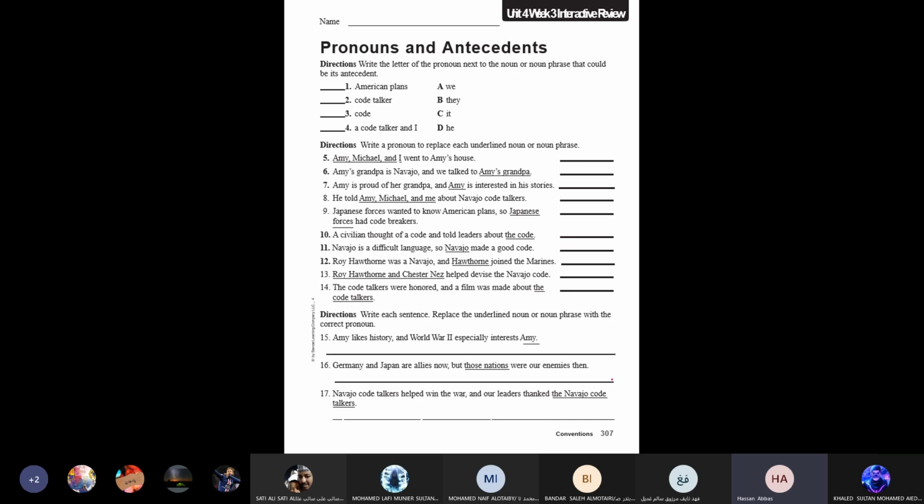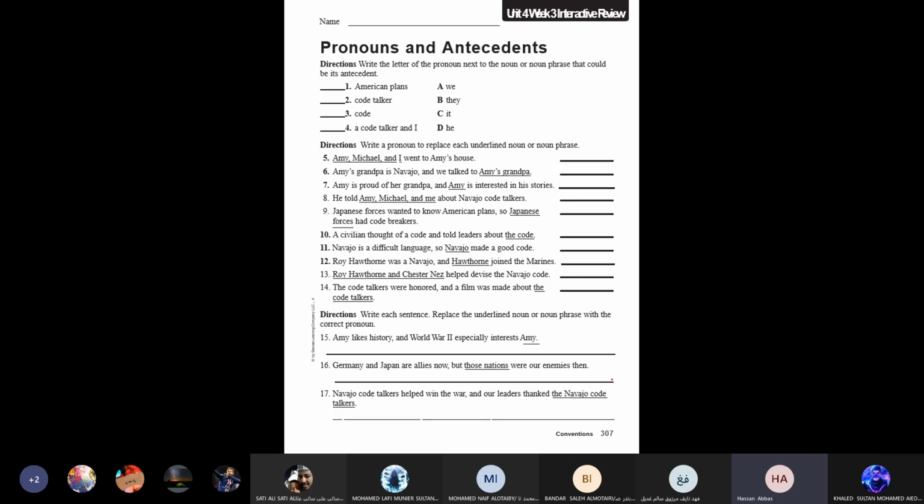Michael and I. If I want to replace this noun phrase, what do I write? I need a pronoun to replace all of the underlined words. Speak up. Yes, exactly.